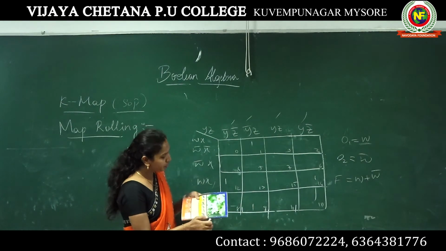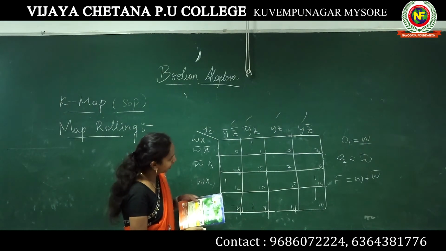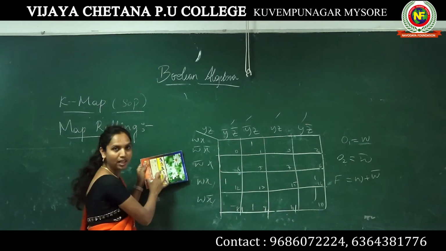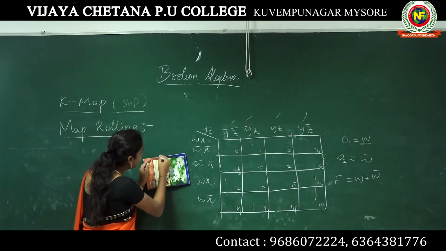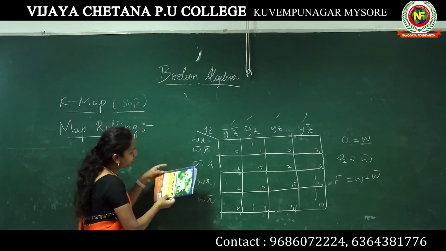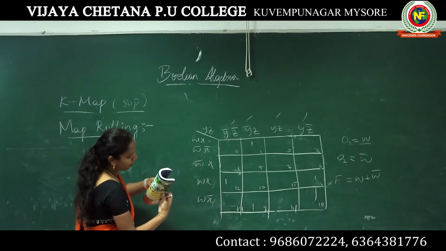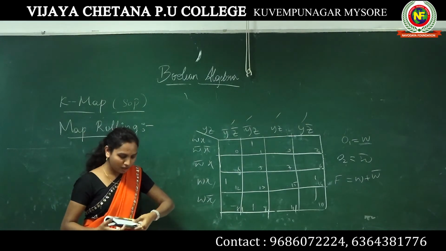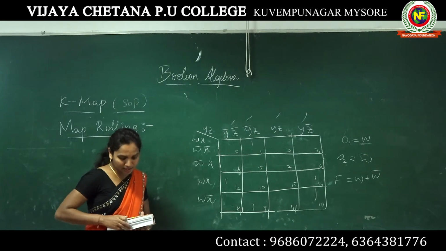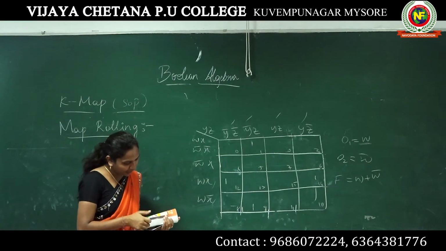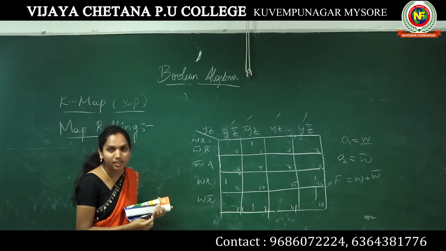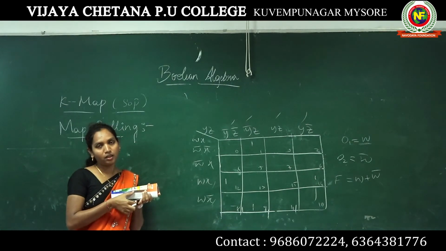Or else, see here one, here one. I am considering this map like this. So here one is there, here one is there. I'm just rolling this side, the opposite side. Once I roll this opposite side, you will get 1 and 1 here, right?